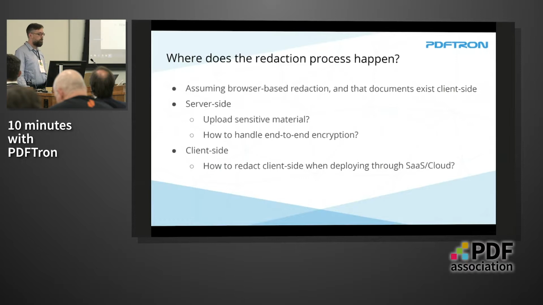And when I'm actually performing this, how am I going to be going about doing it? So I have the option of doing that server-side or client-side. If I perform the redaction server-side, that complicates matters quite a bit. If I'm uploading sensitive materials that contain unredacted private information, now I have to worry about this new copy sitting on a server that has this private information on it. Is that crossing national boundaries? What kind of exposure does that create moving sensitive material around?